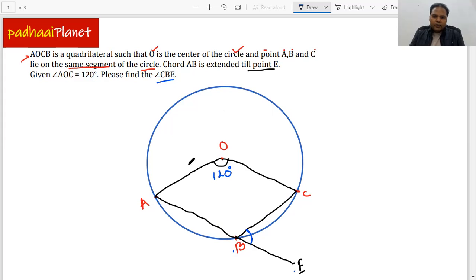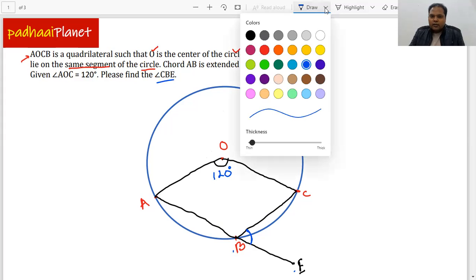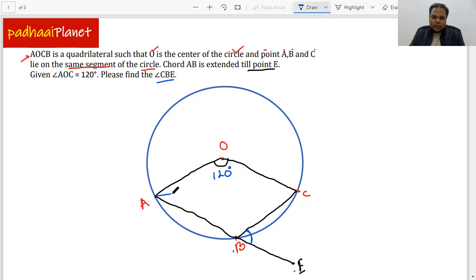Now we need to draw a construction, and that's a chord which I am making, and that chord is AC. That's the chord which I have made here.